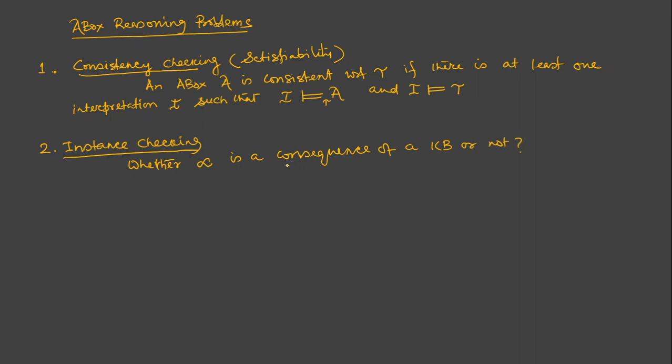This alpha can be either of these two forms, say C(a) or R(a,b), and we are trying to see whether alpha is a consequence of A with respect to a T box T, right? The third problem that is of great interest is instance retrieval.